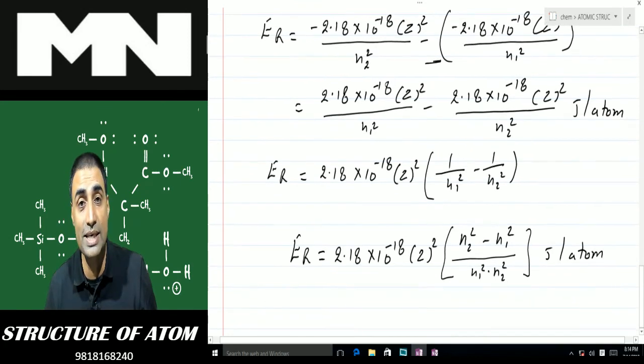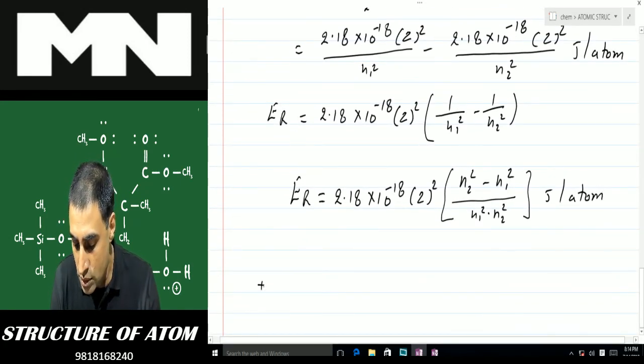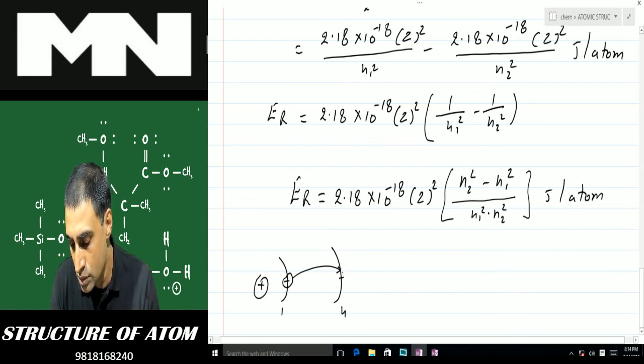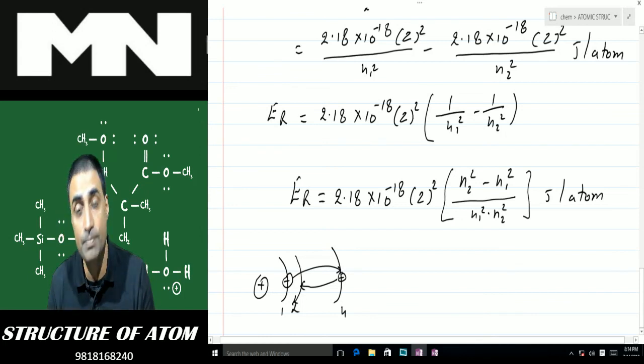Many times questions are given to you, like in a hydrogen atom, the electron from the first shell has jumped to the fourth shell. Now this electron, when it is returning back, it is coming from the fourth shell to the second shell.